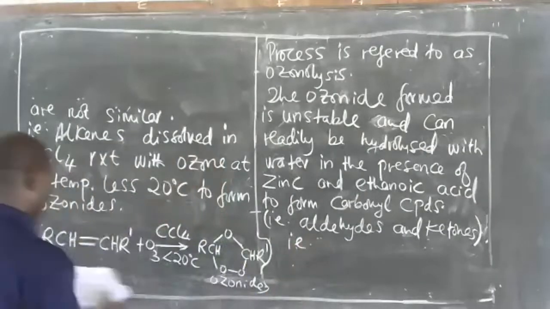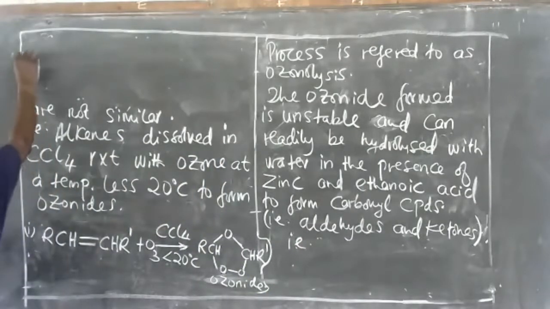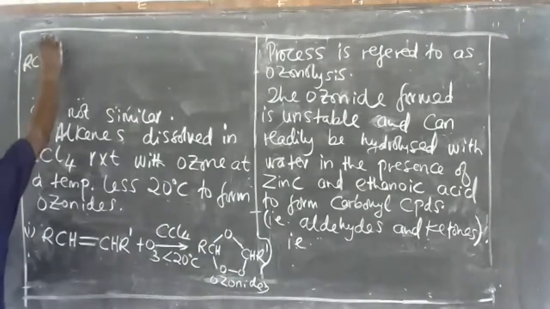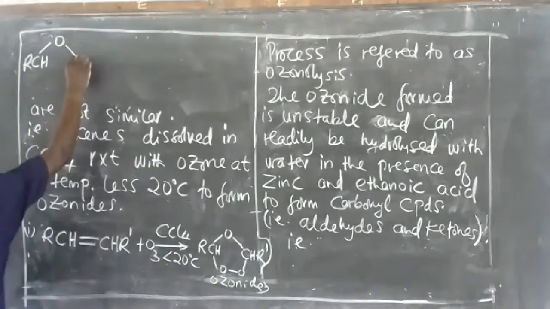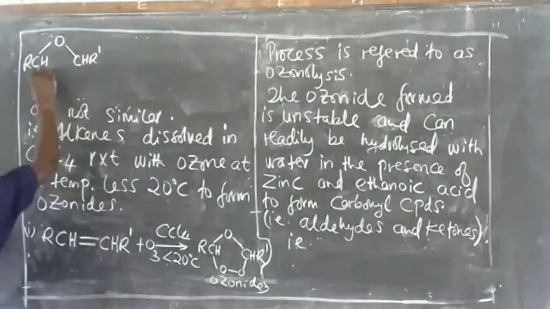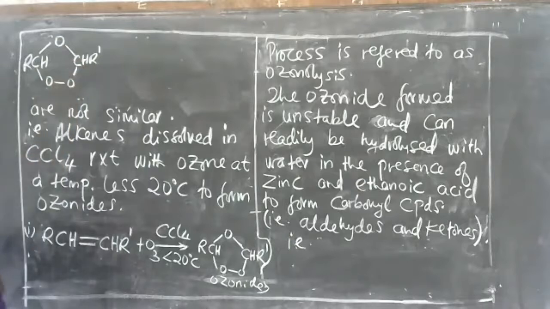So we can have RCH or CHR prime, we have O, that one.